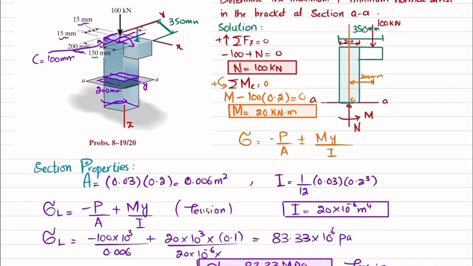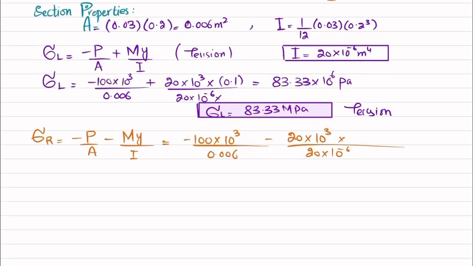Now from this portion till this is C, and this C is again 100 millimeter from the neutral axis, which is 0.1 meter. So when you solve this, you will get the stress at the right side equal to minus 117 into 10 raised to power 6 Pascal, or you can say minus 117 megapascal.